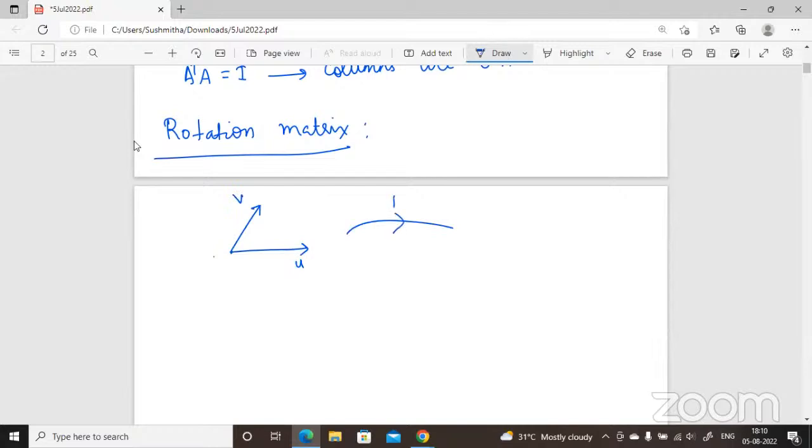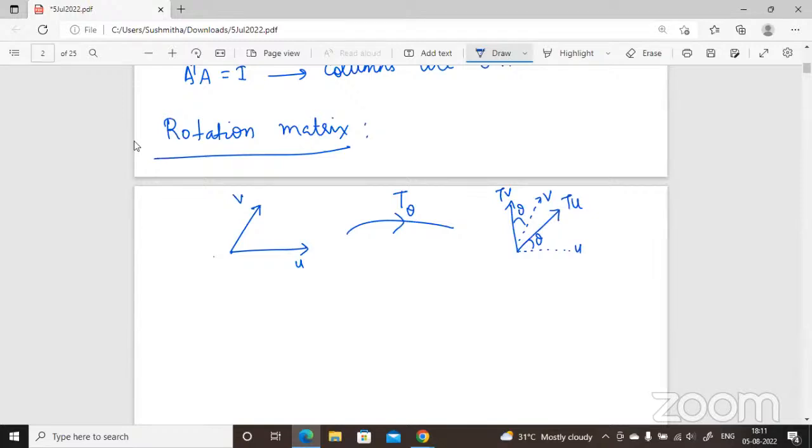If I denote R theta as the linear transformation, or T theta as sir has used, the rotation transformation is just going to rotate the vectors by an angle theta. If this was u, then this is going to be theta to get Tu. And if this was v, then this angle is theta and we get Tv. So the rotation transformation rotates the vectors by an angle theta.